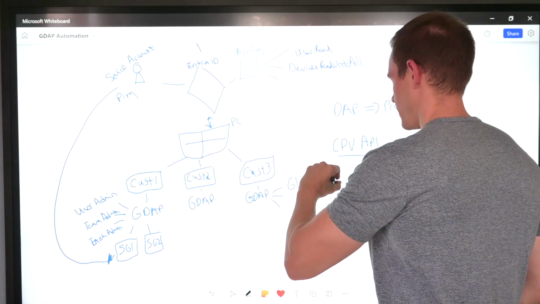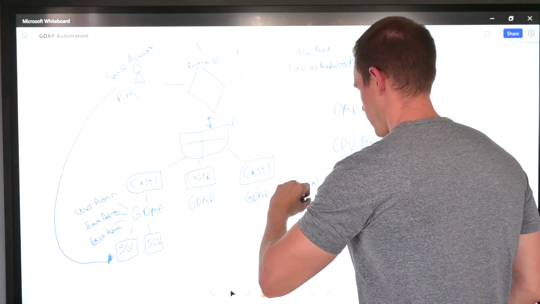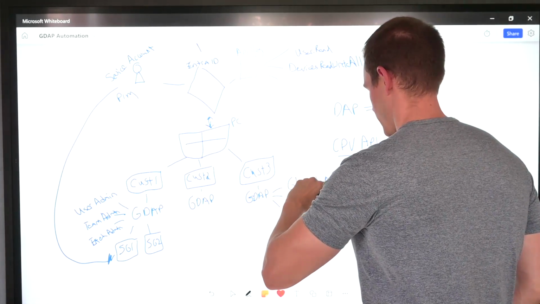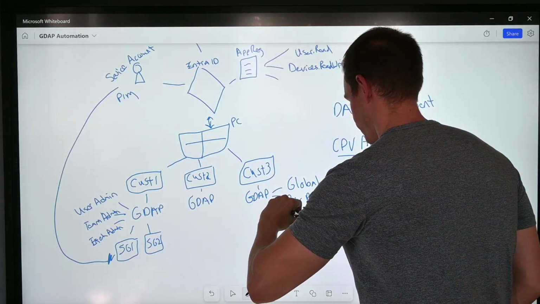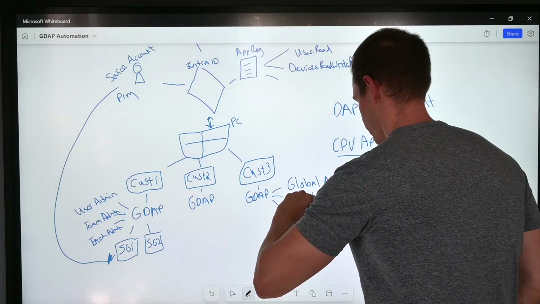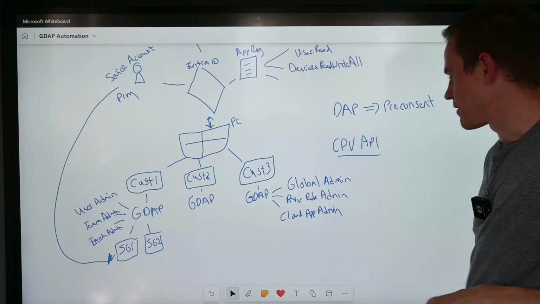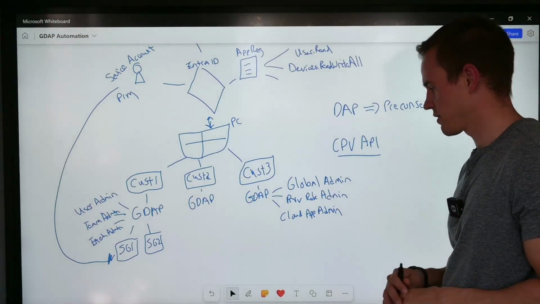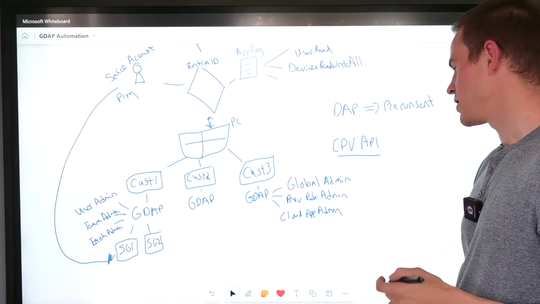But these 3 roles are global admin, privileged role admin, and then cloud app admin. And generally speaking, Microsoft's recommending that you don't add global admin. It's best practice, especially with the implications of GDAP.